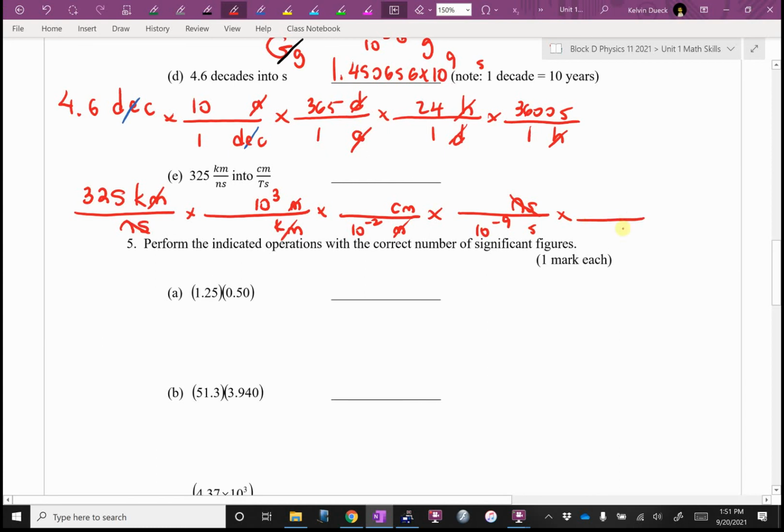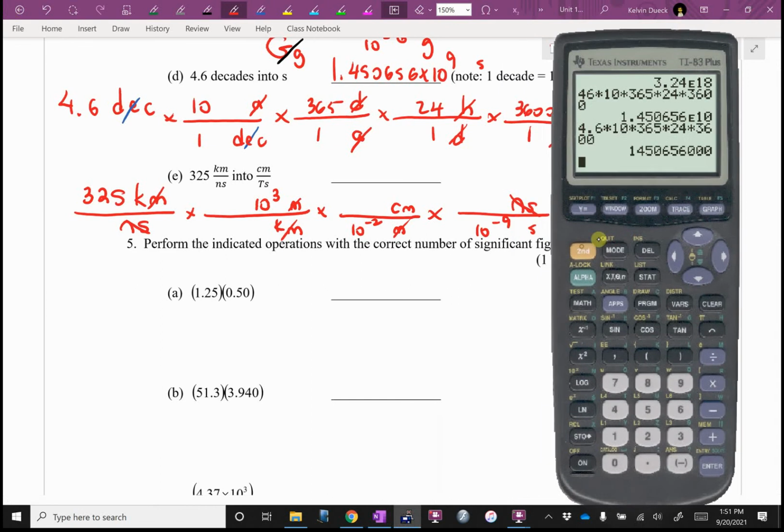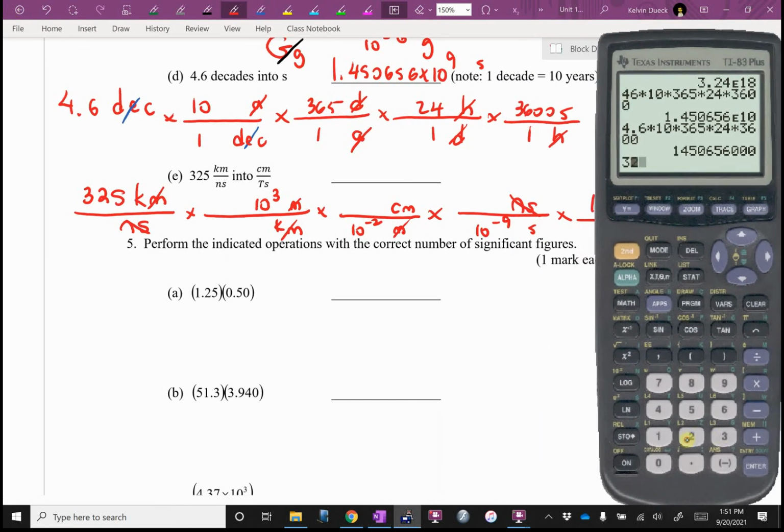Now I want to get rid of seconds, so it's going to go on the top, and I'm going to introduce teraseconds. Tera is 12, right? 10 to the 12. I have no idea what the answer is here, except I'm pretty sure it's going to be big. I think we're going to get an answer in scientific notation.